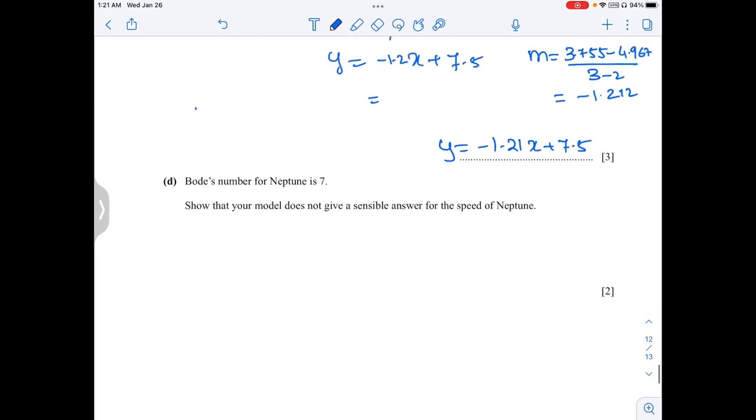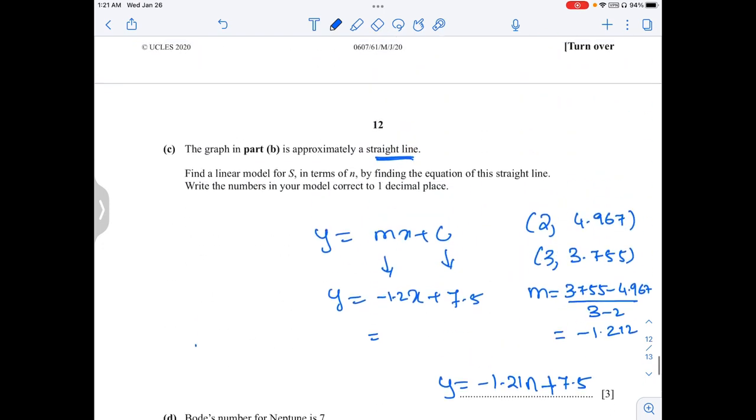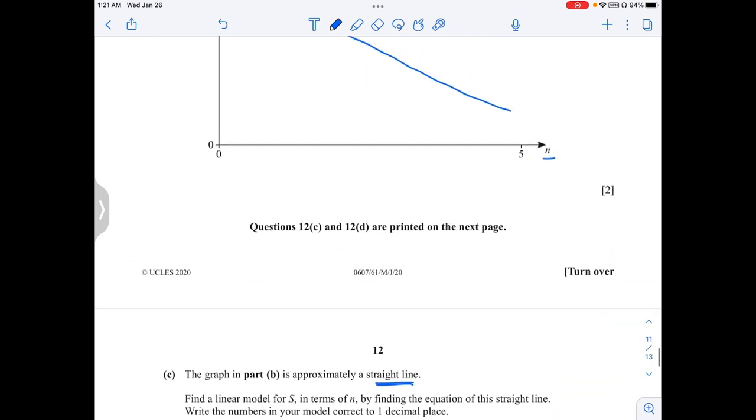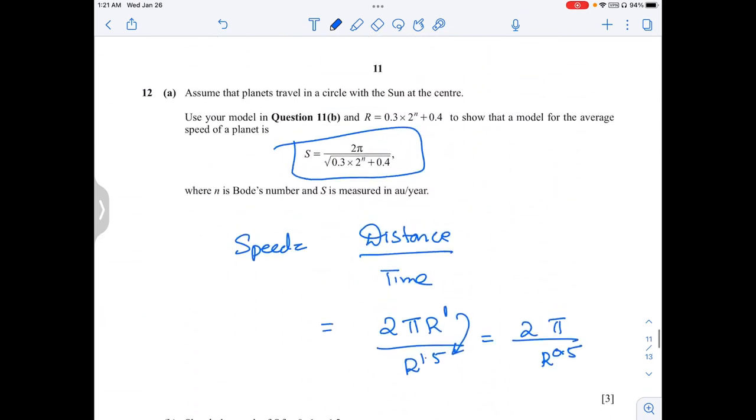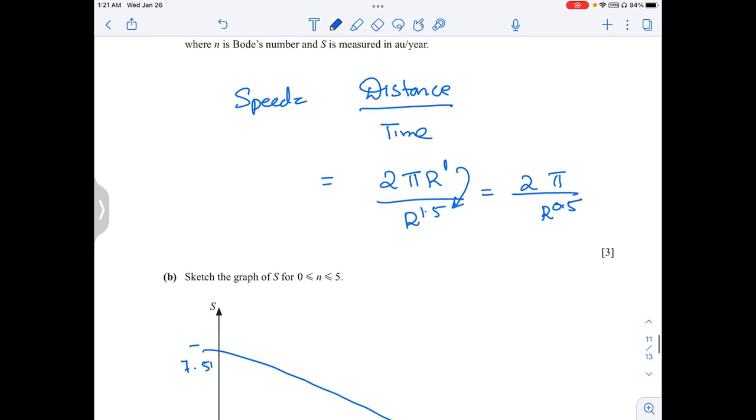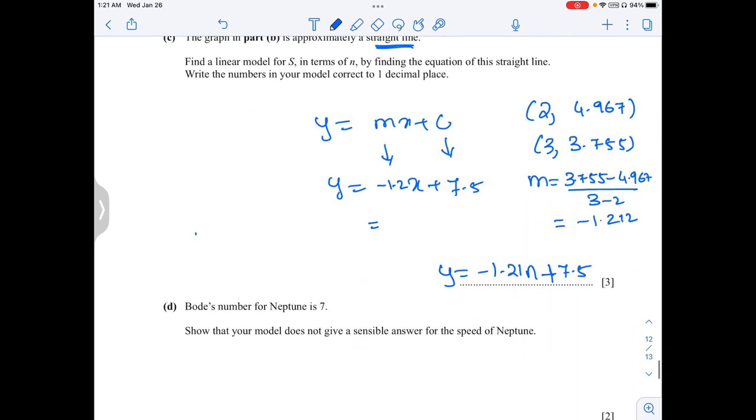For the last part, he says Bode's number for Neptune is 7. So we don't write x. We remember we have to write it as n. That care has to be taken. Bode's number for Neptune is 7. Show that your model does not give a sensible answer for the speed of Neptune. Speed is s, so therefore we cannot use the same alphabet.